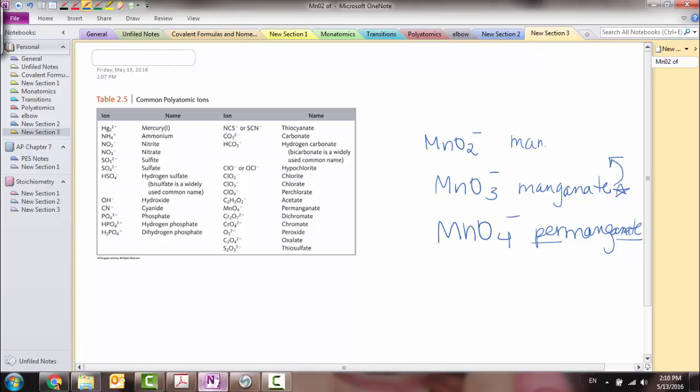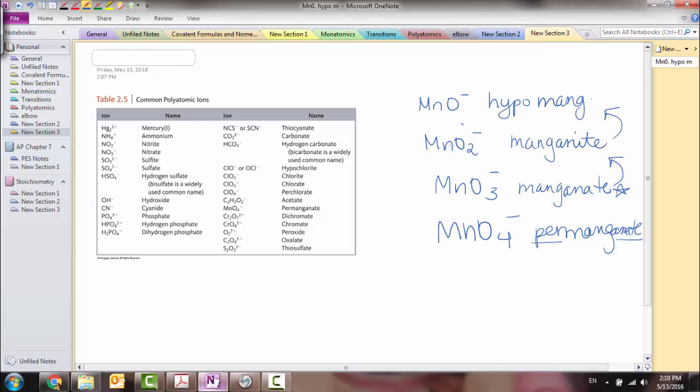So this would be manganite. And then we can go 1 more. Taking away 1 more oxygen becomes MnO minus, and remember that it gets that prefix that means the lowest. So it turns into hypomanganite.